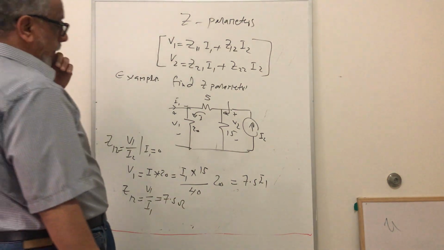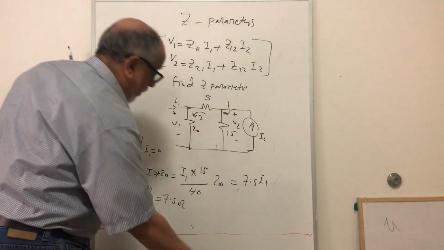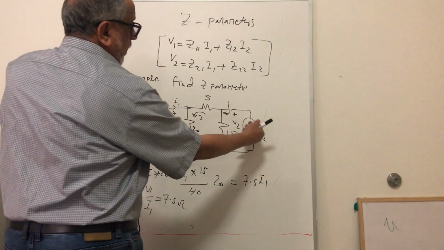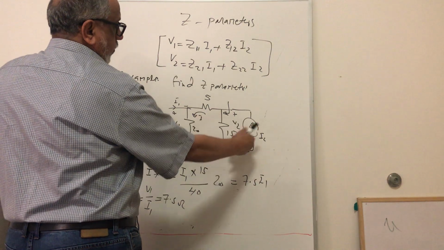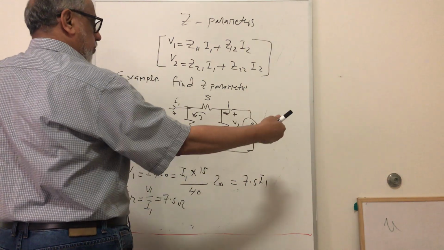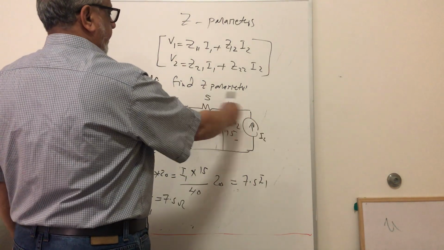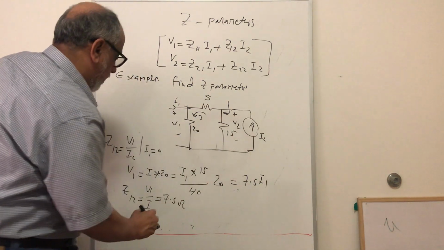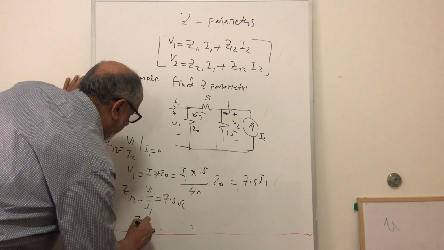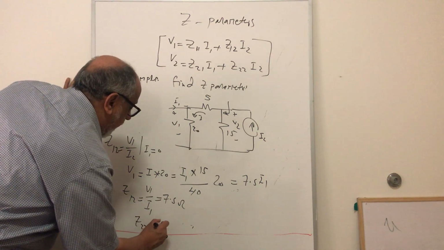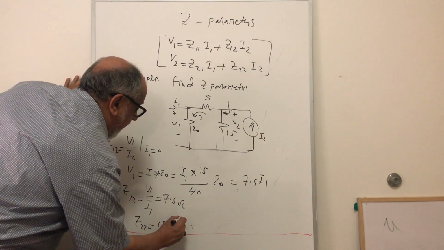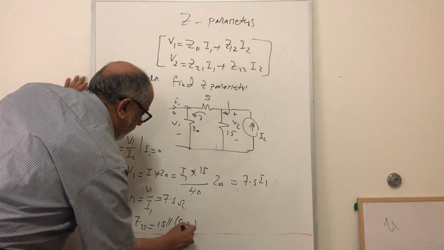Okay? Now we have to find Z22. To find Z22 it is simple because we have the current, we have the volt, so it is the impedance seen from here, right? So it is V2 over I2, we can find it. Z22 will be simply equal to 15 in parallel with 5 plus 20, which is 25.